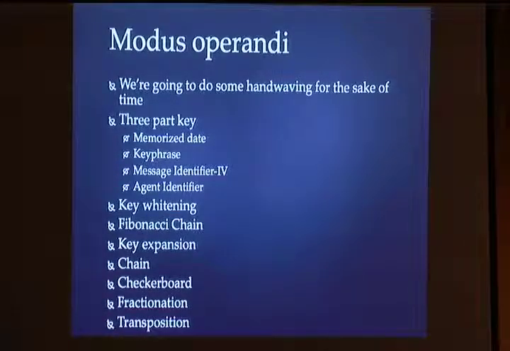Then it went through a complex process that actually looks a lot like certain ciphers today. First, they whitened the key to stretch it out to make it more complex. Then they did the Fibonacci chain addition to actually stretch out numbers and create their permutation network. They did further key expansion, chained again, created a distributed text checkerboard to essentially make a different S box every time.